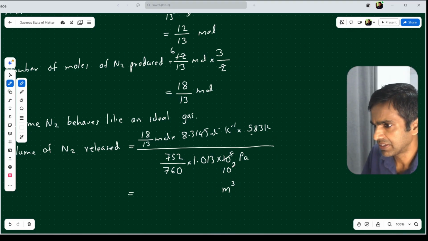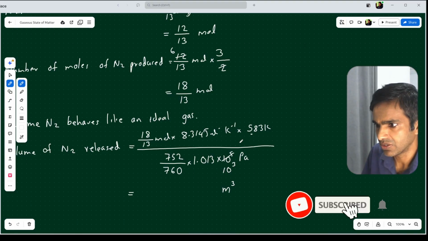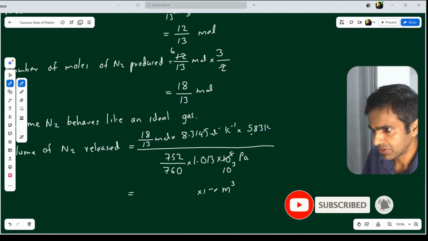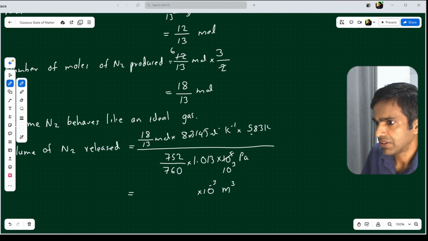Then 10 to the power 3 is in the denominator, so in the numerator it is 10 to the power minus 3. So 18 times 8.314 times 5.83 times 760 over 13 times 752 times 1.013.